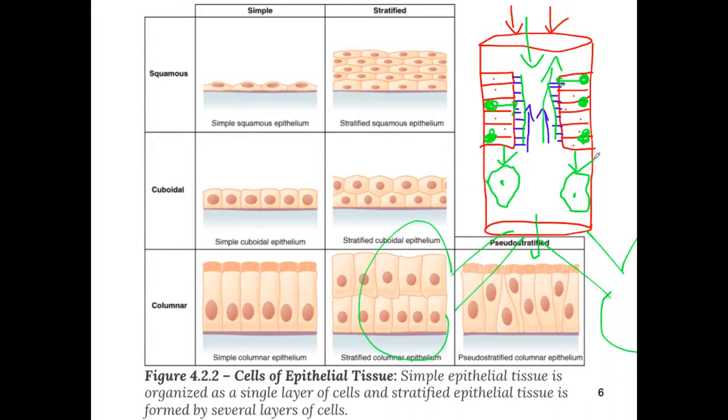Metaplasia, women are quite familiar with this because when women go to the gynecologist and they do a pap smear, the pap smear really is a histological biopsy, right? They're sloughing off tissue from the cervix and the vaginal canal, and they're looking at the shape of the cells.